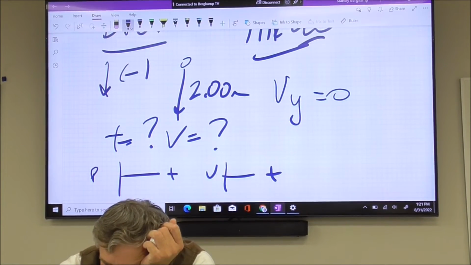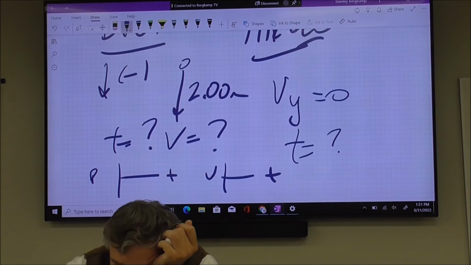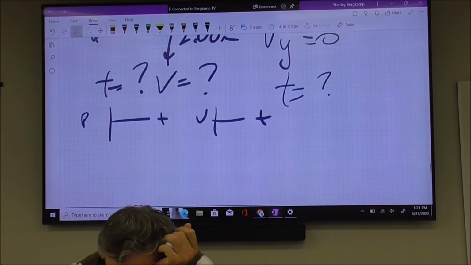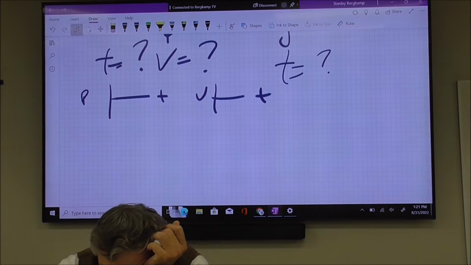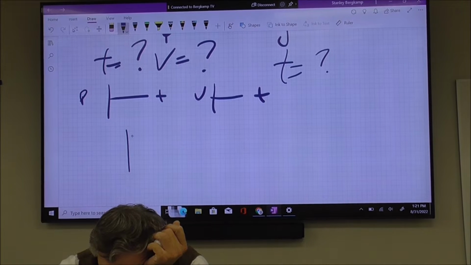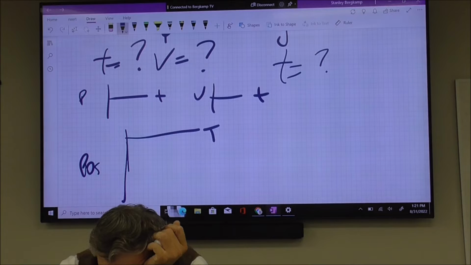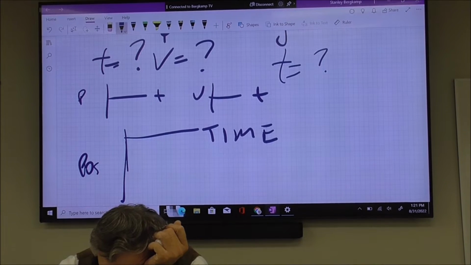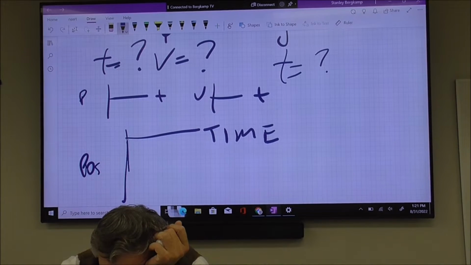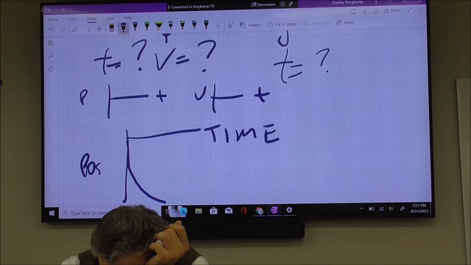Now, I want to figure out time. But before we do any equations, let's actually talk about what the position time graph is going to look like. So here's my position time graph. So I'm going to give you 3 options.